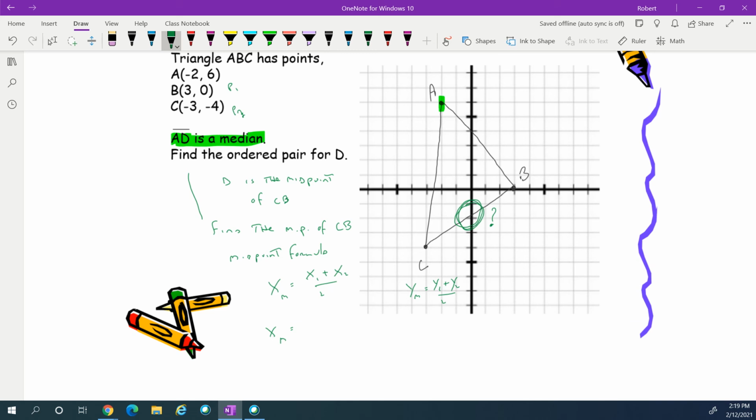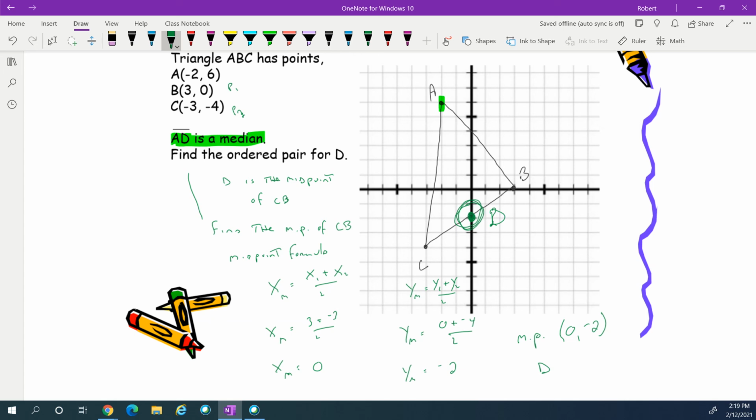So the x values, 3 plus -3 over 2. That's 0. And for the y values, 0 plus -4 over 2. That's -2. So the midpoint is at 0, -2. This is D. So 0, -2 is point D.